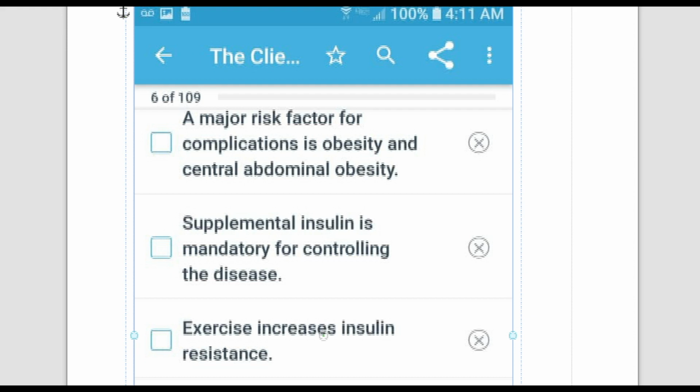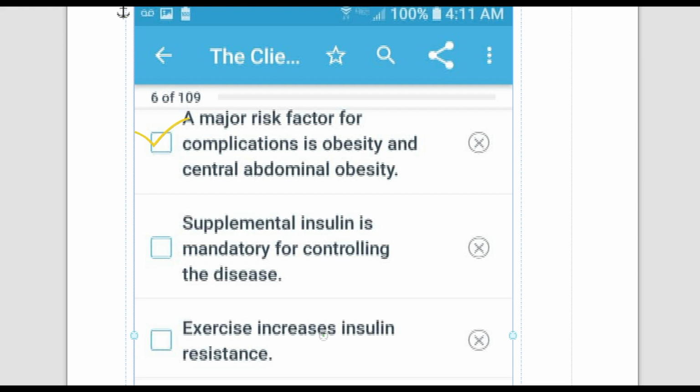Now what we're doing here is we're evaluating outcomes. We want to pick the answers that point to improving their status as a client. And we always want to keep in mind, were these interventions effective? So a major factor for complications is obesity and central abdominal obesity.